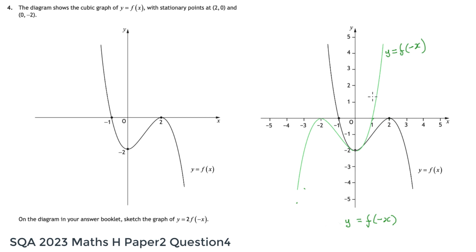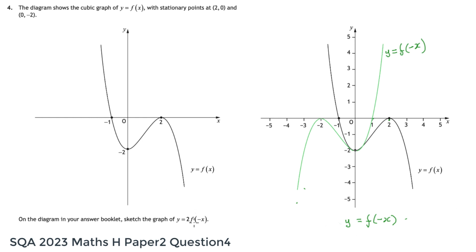It has a turning point, a stationary point, not at 2, 0, but at negative 2, 0, and the other turning point at 0, negative 2, as before, because that's still on the y-axis. So there's the first graph.